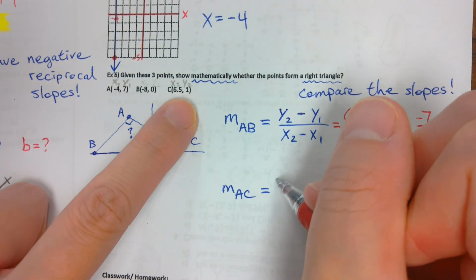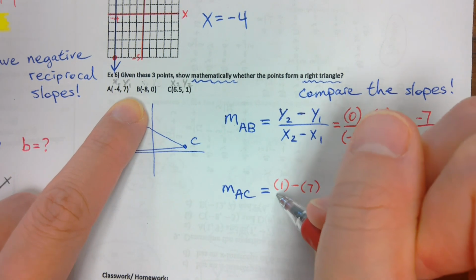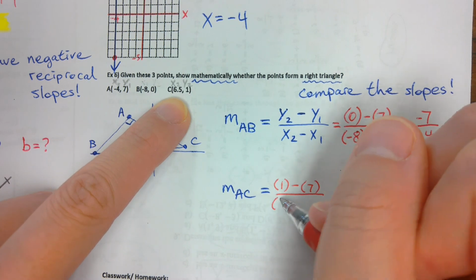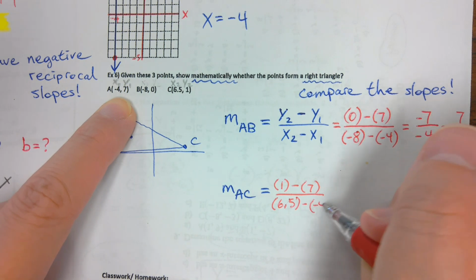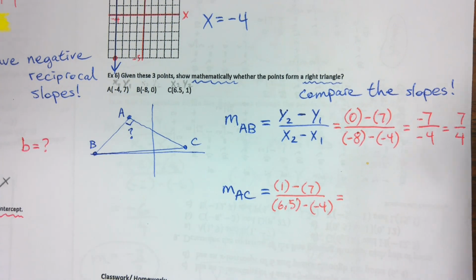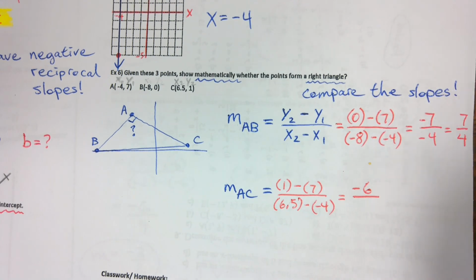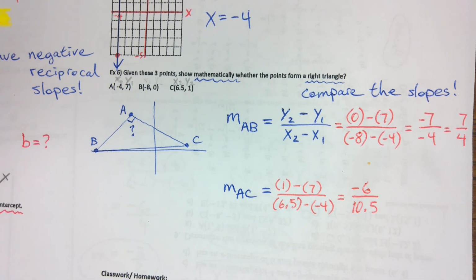So y2 is 1, y1 is 7, x2 is 6.5, x1 is negative 4. Negative 6 over 10.5. Okay. Good. All right.